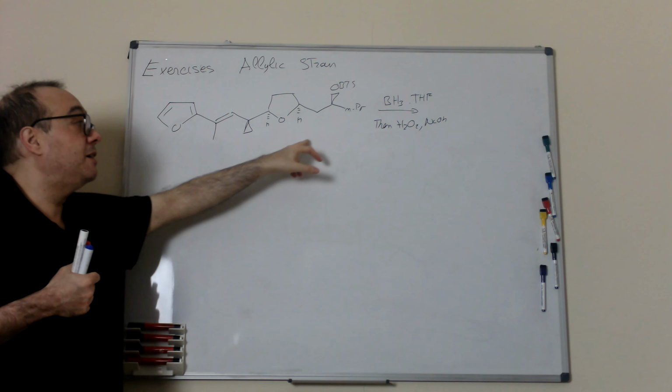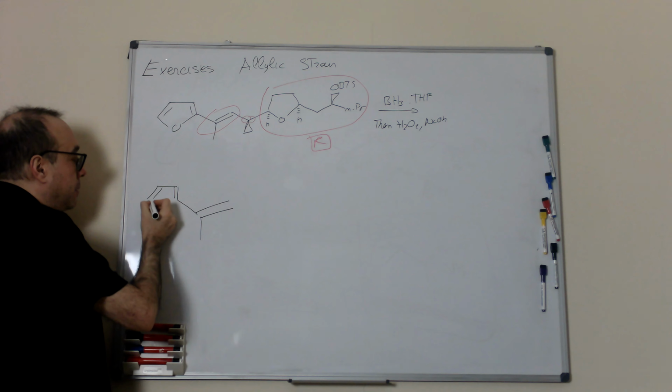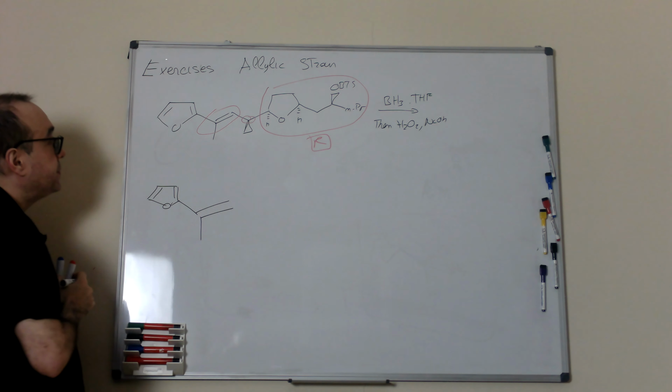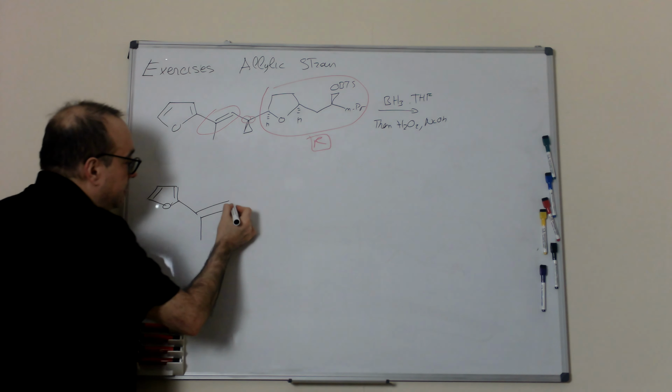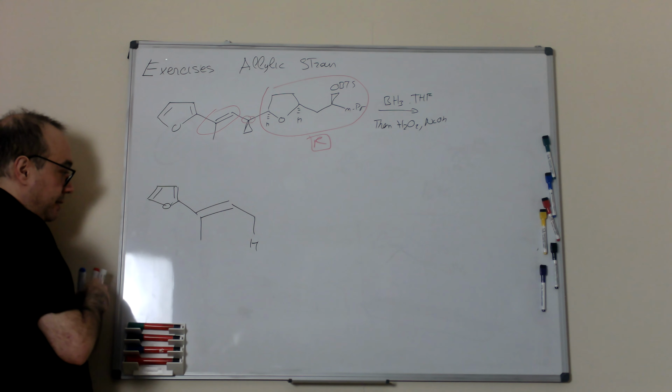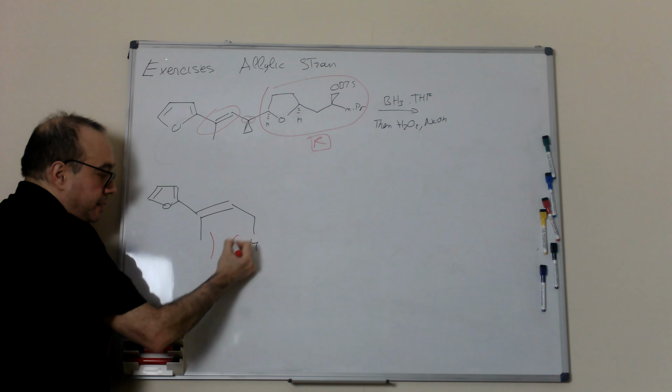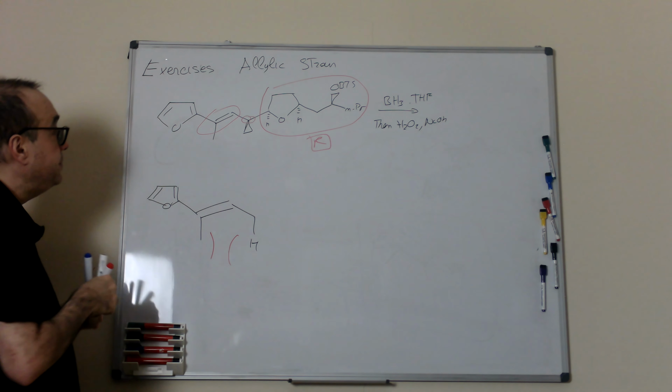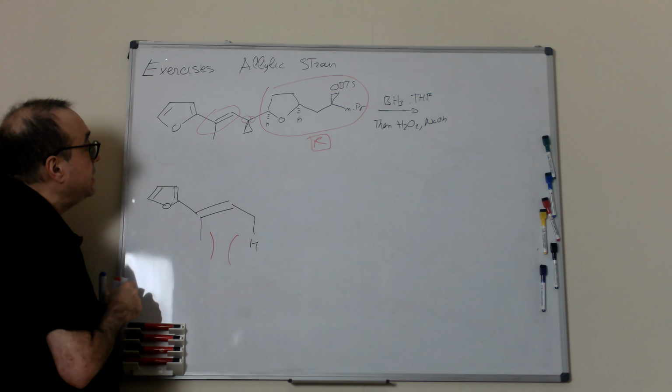Then I have the double bond here, I have the furan, and if I put the hydrogen down in order to diminish the syn-pentane interaction between this methyl and this hydrogen, the methyl is in front and all this group is behind the slide.